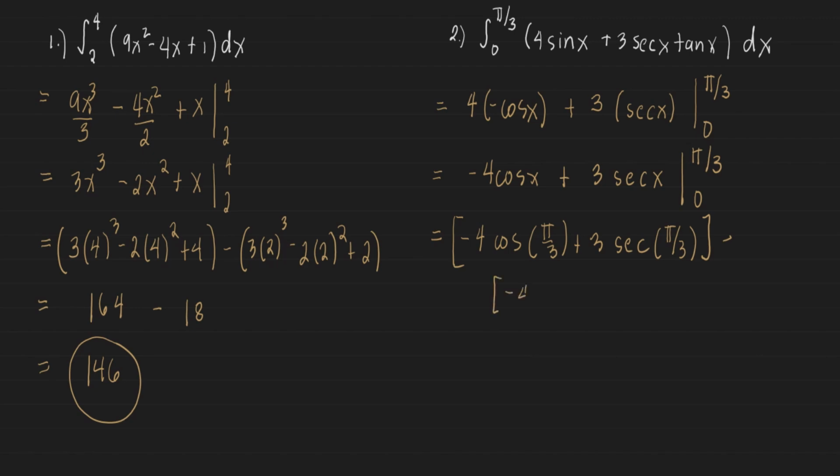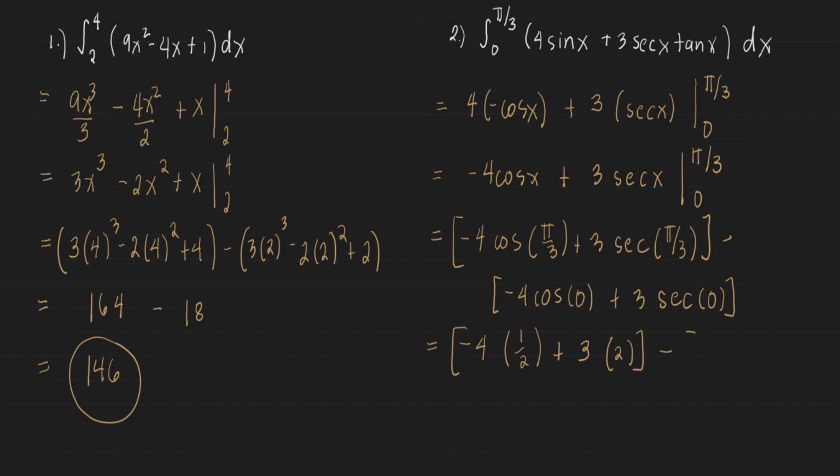So we have negative 4 cosine of 0 plus 3 secant of 0. So we continue. Negative 4 cosine of pi over 3 is 1/2, plus 3 secant of pi over 3 is 2.